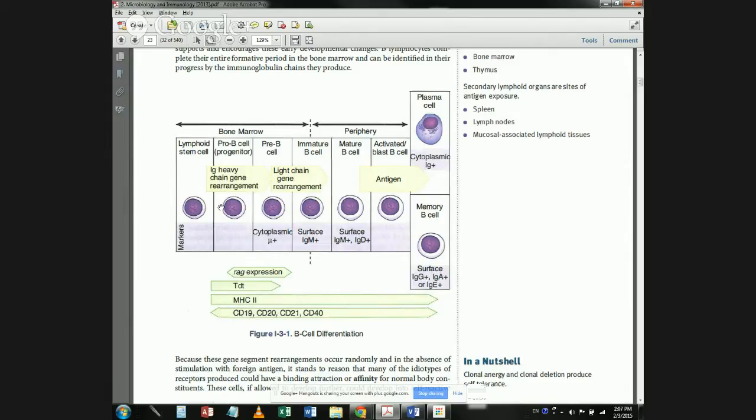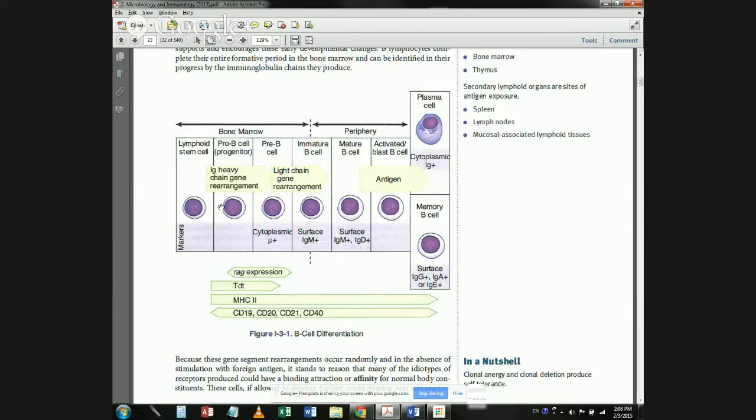And once that's taken care of, that chain can enter the cytoplasm and from there go and hang out on the cell membrane. Later it can come back inside when the pre-B cell is starting to make the light chain gene rearrangement. And notice this, that light chain gene rearrangement, you have cytoplasmic mu positive.